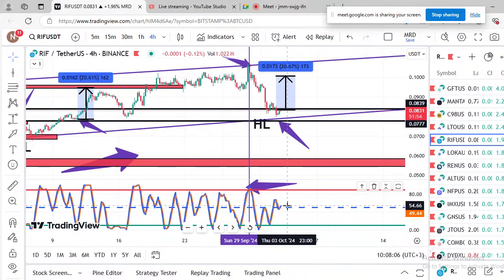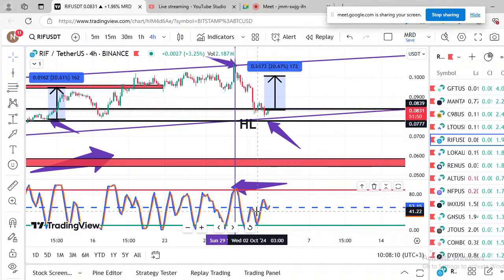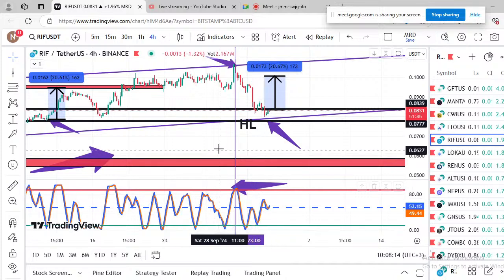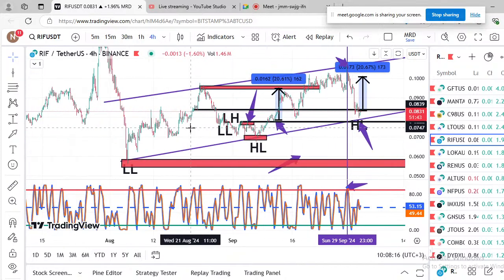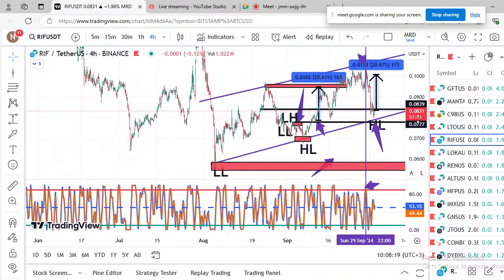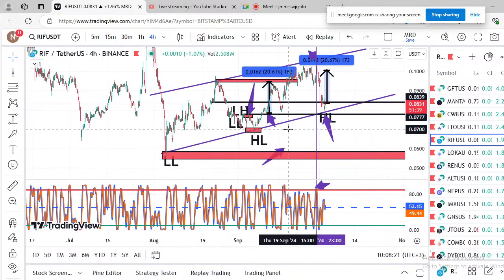Even though the RSI is at the 50 line of the moving average, according to the long-term analysis, we can look at the coin.